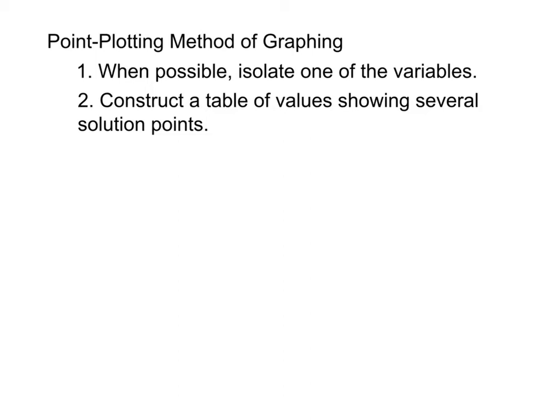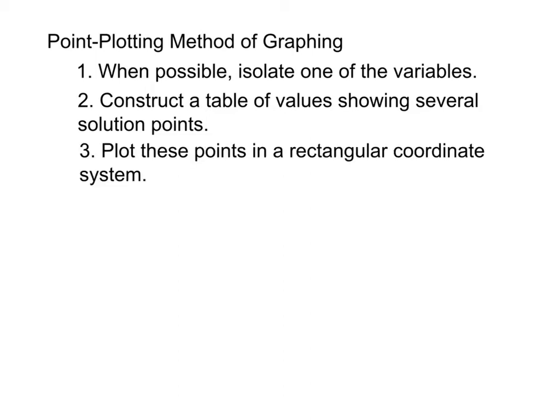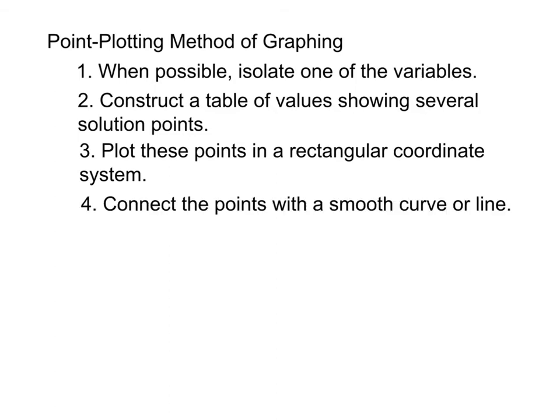So pick some easy values and plug them in and get your corresponding values for y. Step 3 involves taking these points from your table and plotting them in a rectangular coordinate system. Obviously, the more points you have, the more accurate your graph is going to be. Once you've plotted these points, step 4 simply involves connecting the points with a smooth curve or line.